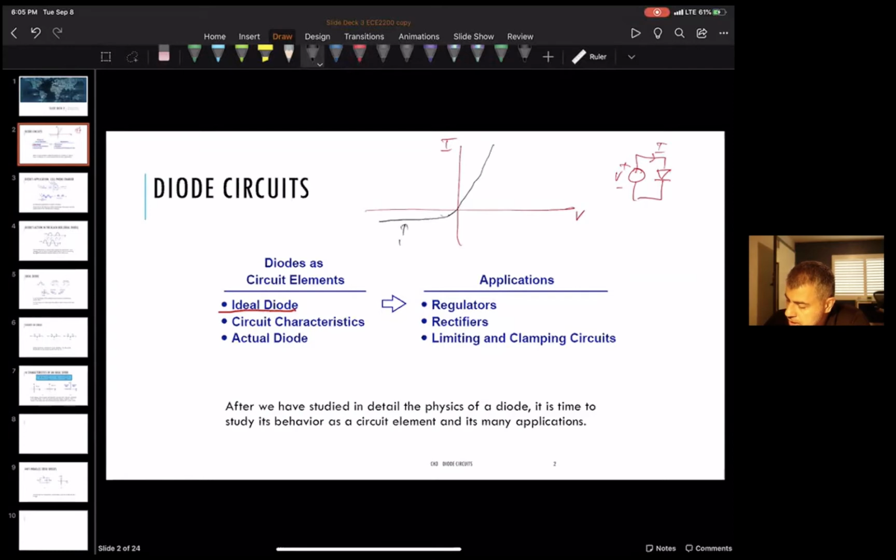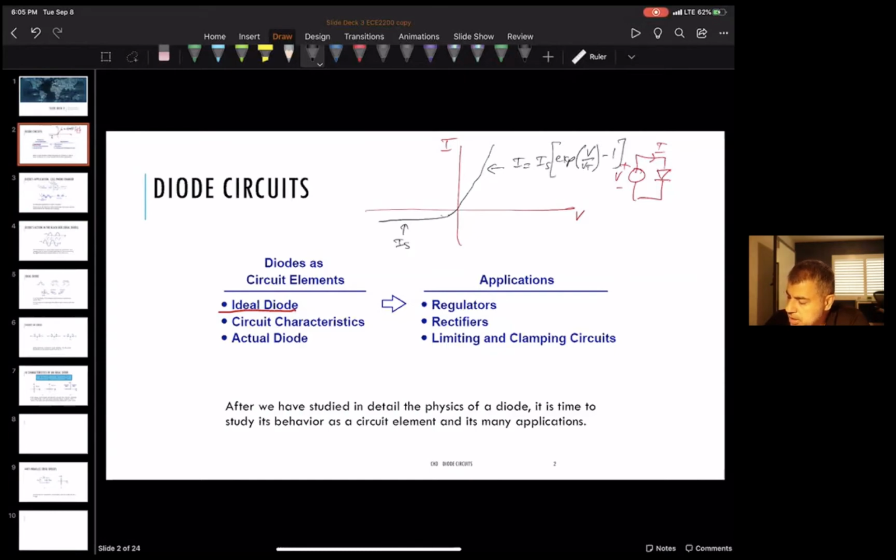This being I sub S, and this being I equal to I sub S times the exponential of V over Vt, minus 1.